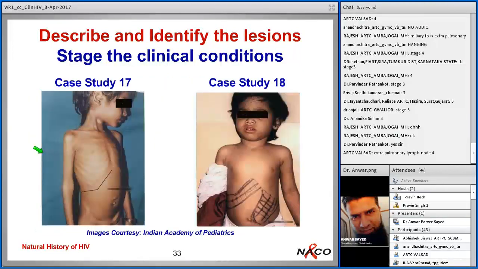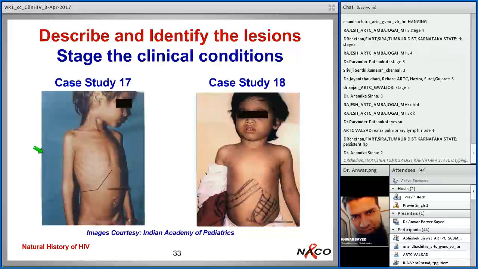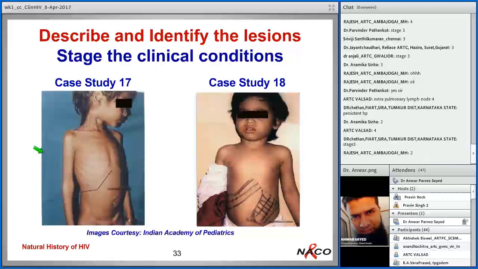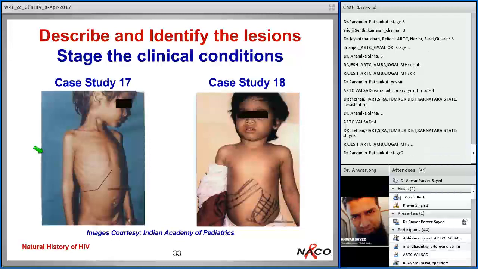What is this? Now, if I say that this is TB or caseous necrosis of a cervical lymph node in a child, then what clinical stage will it fall in? Exactly, it is stage 3. Please remember, this is what is different between adult and pediatric. I requested you to remember this as a separate thing.